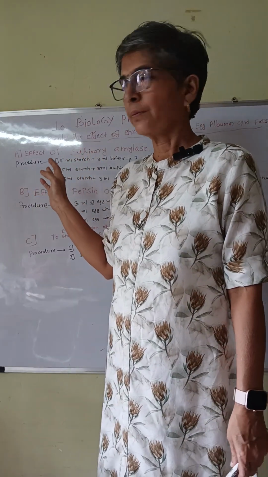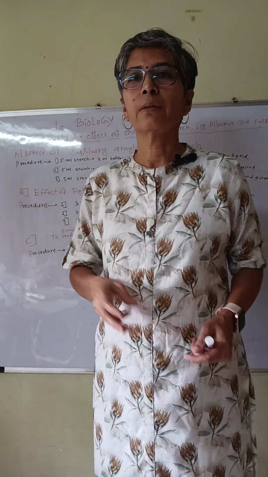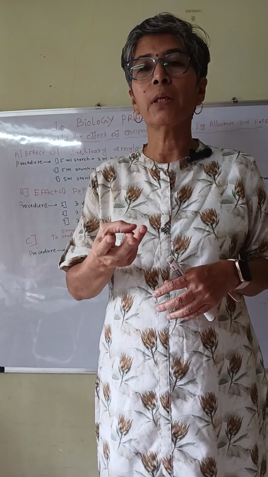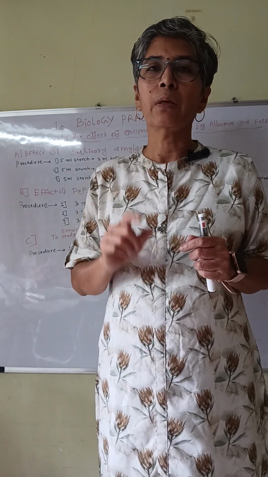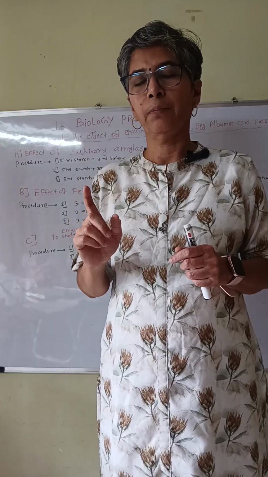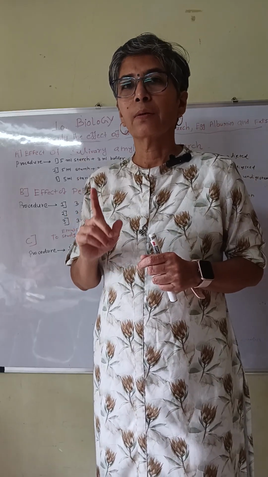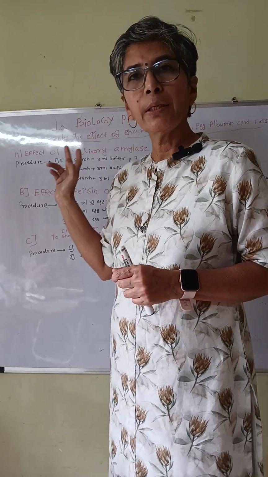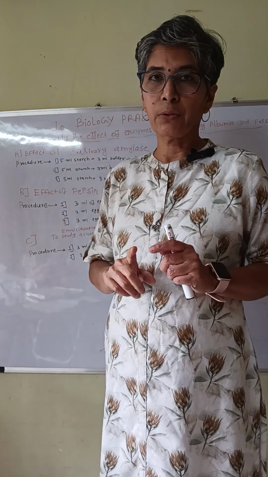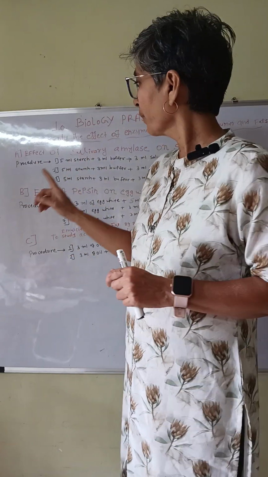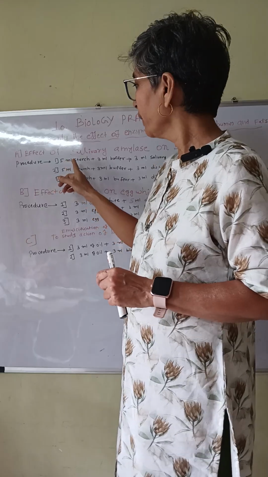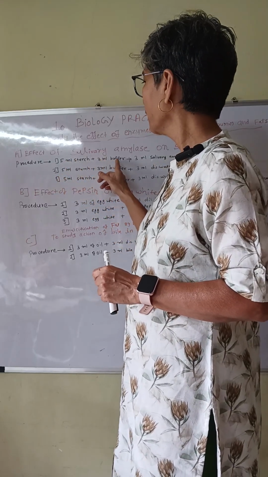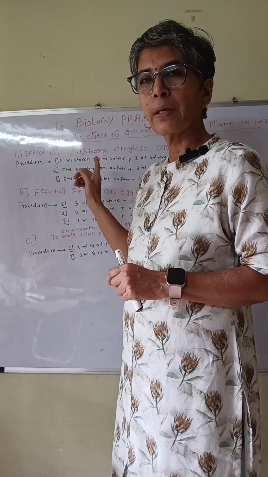In the procedure, we take three test tubes, create a setup of three test tubes, and label them 1, 2 and 3. After that, there are common ingredients in each test tube: 5 ml starch plus 3 ml of buffer.